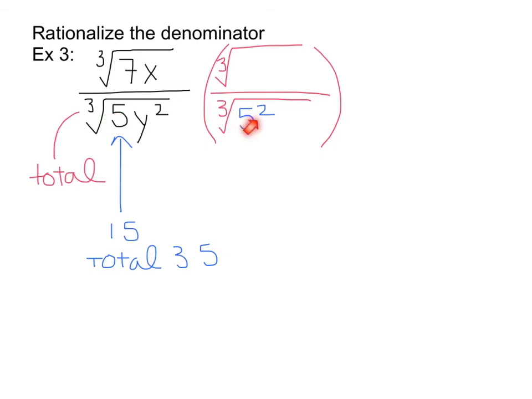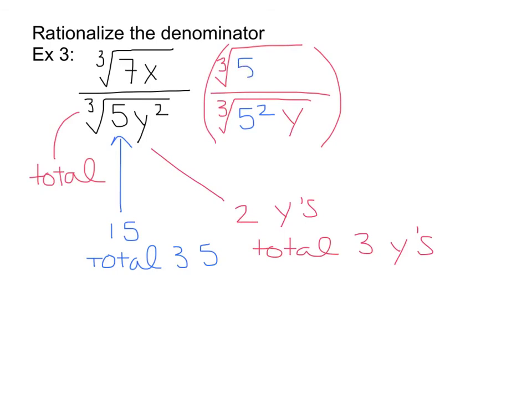Now let's look at the y's. You have two y's. You need a total of three y's. So that means you only need one more y. Whatever you do to the denominator, you must also do to the numerator. And now we are just going to go ahead and multiply.